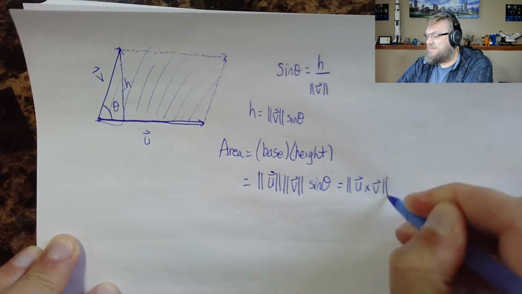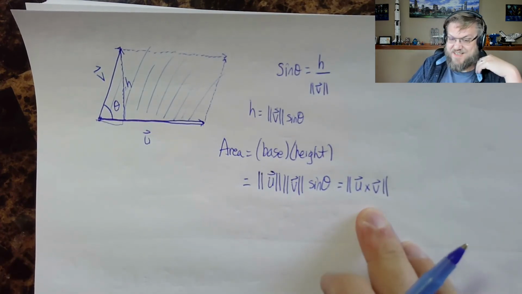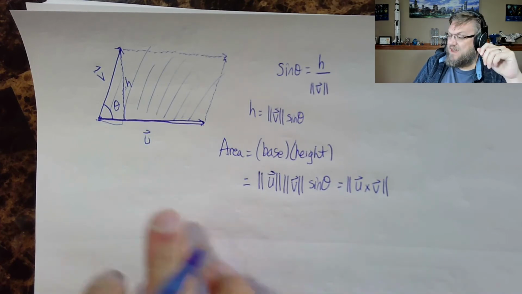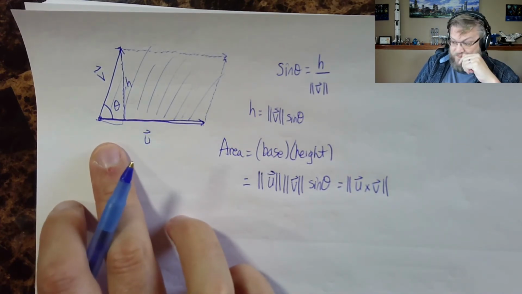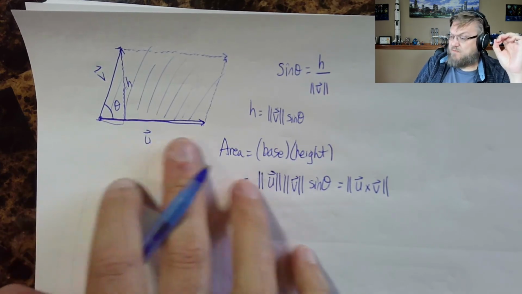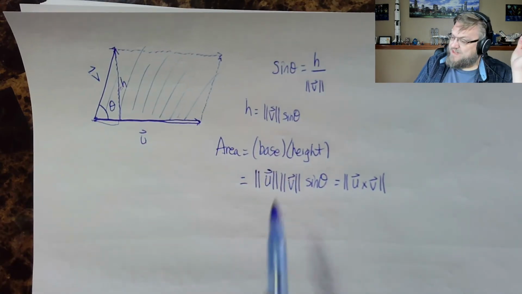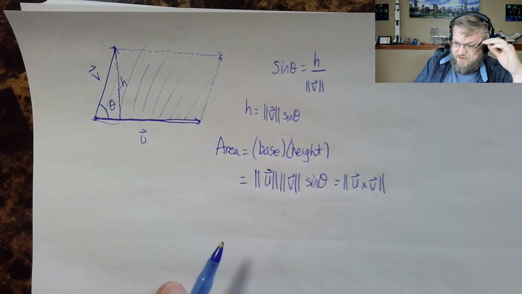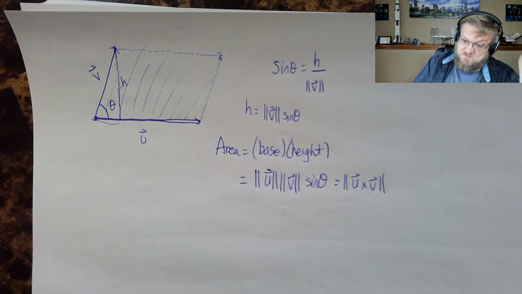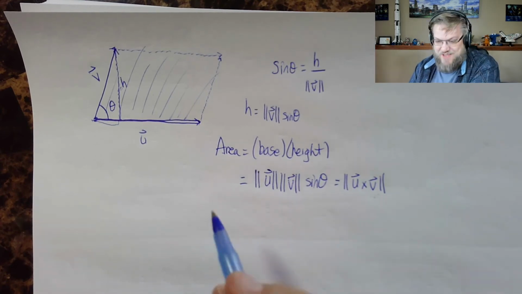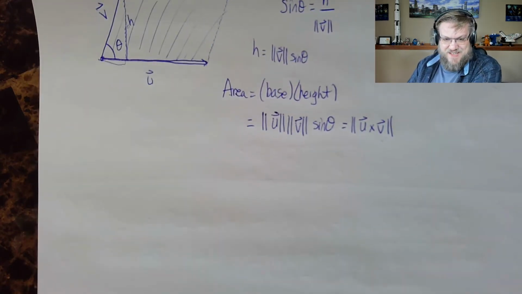So another way to think about the magnitude of the cross product is that it's the area of the parallelogram whose vectors form the sides of that parallelogram. Right? So the area is the magnitude of that cross product. Okay, so that's rather nerdy. I like that. That's a rather geometric idea there, right?